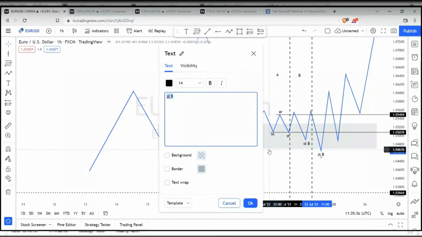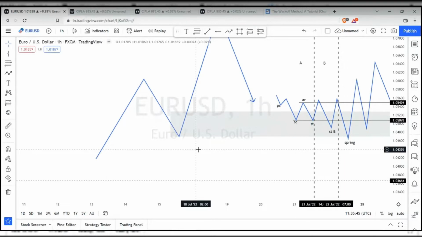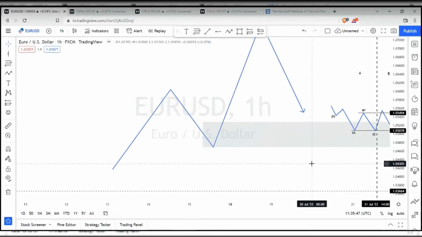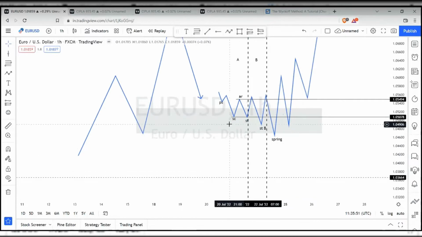So this spring is usually what we also refer to as a shakeout. Okay, we call it a shakeout. That means all of this low needs to be liquidated with the spring.